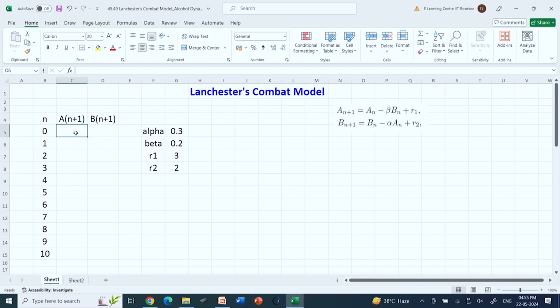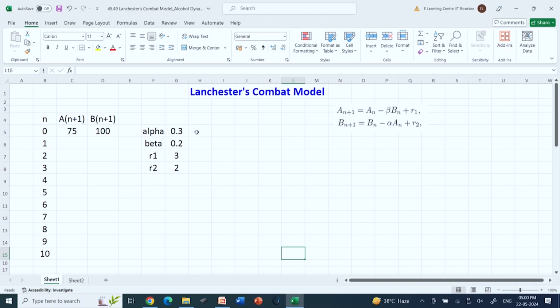Say the initial value of A is 75 and that of B is 100. To solve it numerically, I already have the equations of the model here. The value of alpha is 0.3, the value of beta is 0.2, R1 is 3 and R2 is 2. Now, what does this mean?